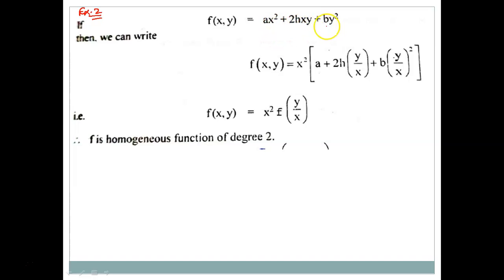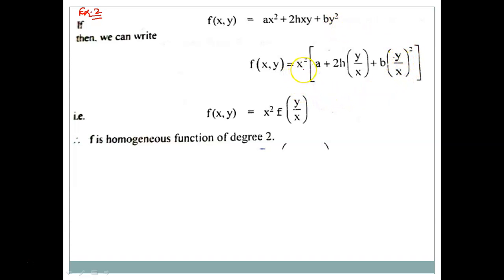When you take x square outside, you are left with a here, and that means you are dividing the whole expression by x square. When you divide by x square, for this part we are left with 2h y by x, and here you get b y square by x square.